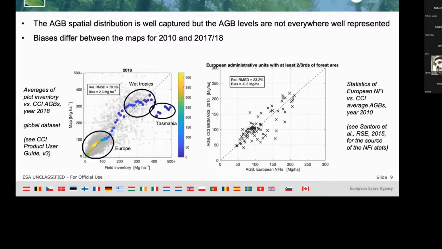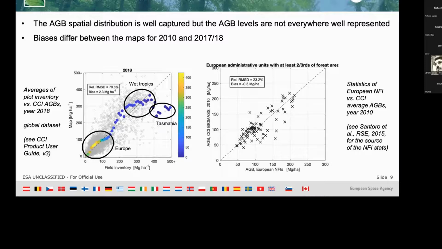And what we see is that at global scales, the estimates tend to follow well the one-to-one line, at least on average. The global distribution is well represented. But of course, when we look more closely in different regions, we do see biases, so systematic over or underestimation. And it's a continuous process to understand these biases and improve the maps with each release, so every year.